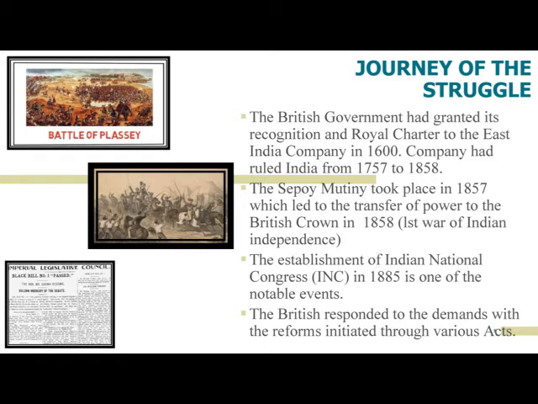As an outcome of this mutiny, the establishment of the Indian National Congress in 1885 is one of the notable events that successfully led people and groups with different ideologies and aspirations, and pressurized the British to meet the demands for independence.